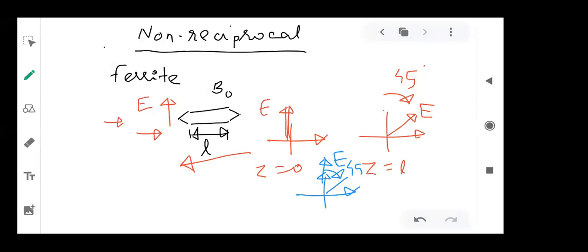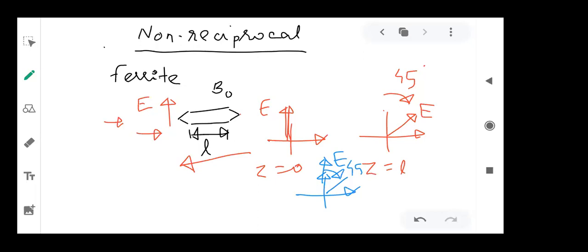So irrespective of the direction in which the wave is moving, the tilting of the wave will be clockwise in both directions. That totally depends on the biasing. If the polarity of the biasing, that B0, changes, then the tilting of the wave may take place in the anti-clockwise direction, but by 45° only.